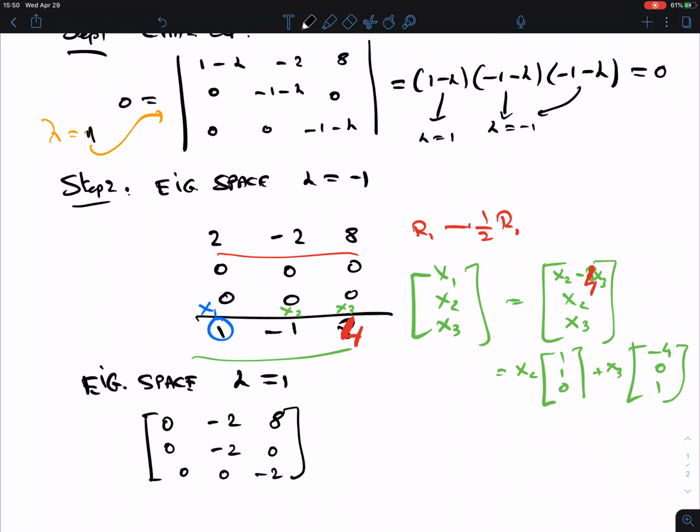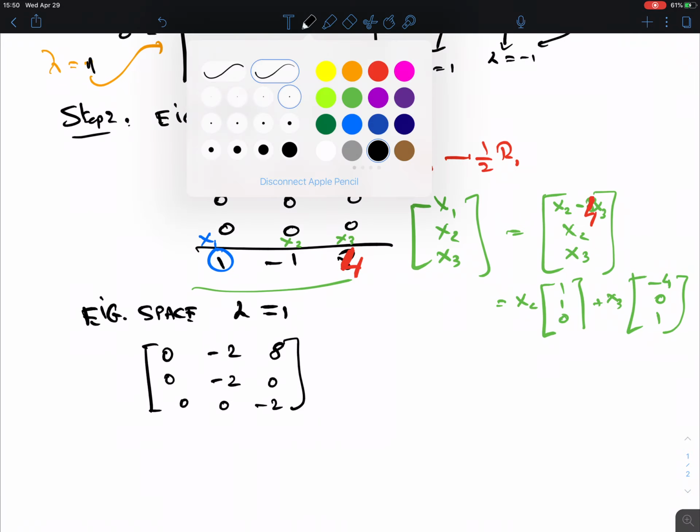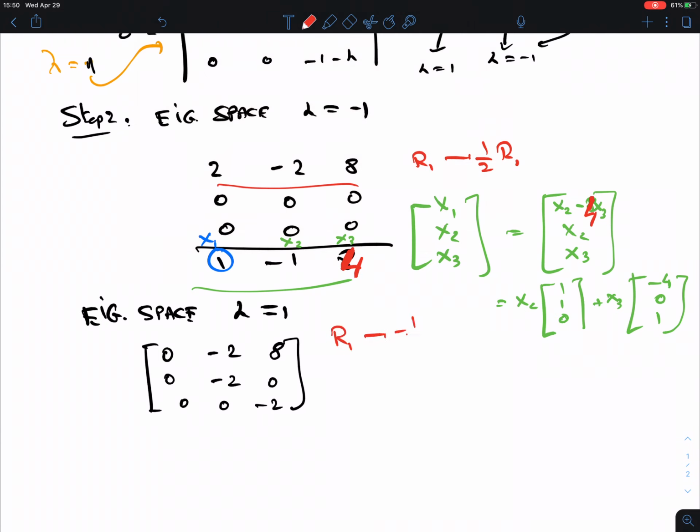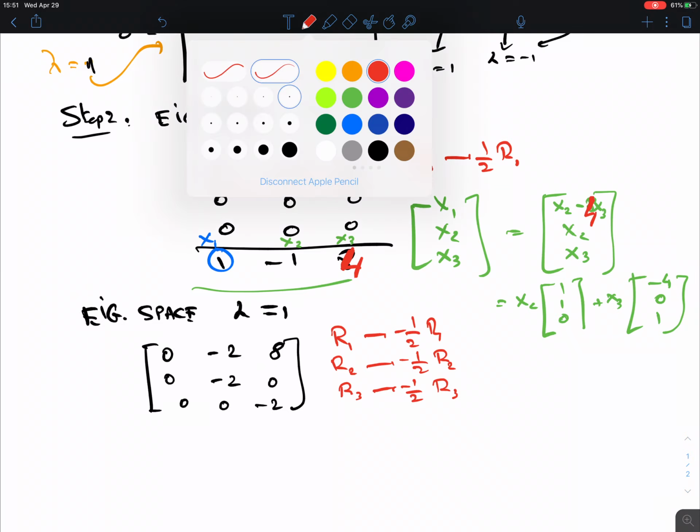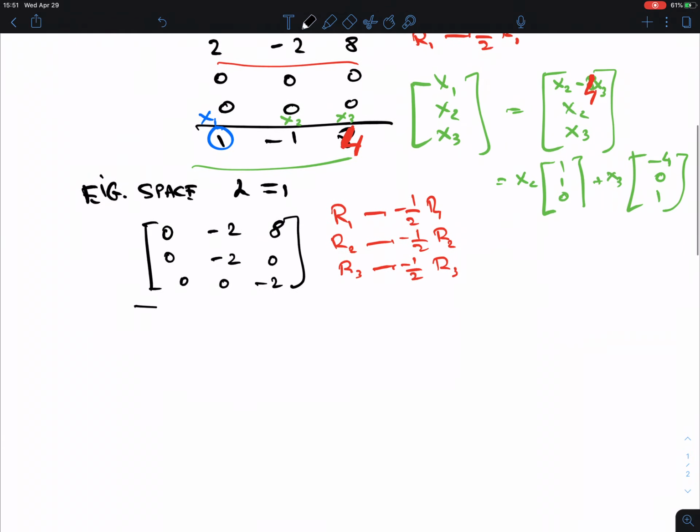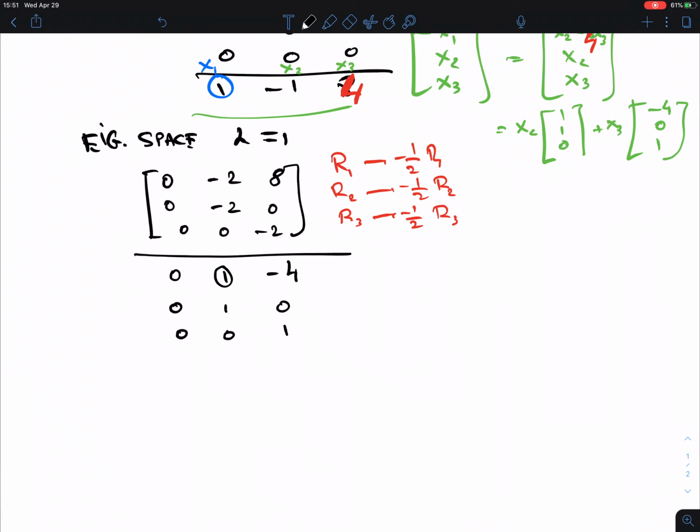Let's get as many ones as we can by multiplying row 1 by negative a half, row 2 the same, and row 3 the same. I get 0, 1, negative 4; 0, 1, 0; 0, 0, 1. Great, so we have this pivot, and we need to make a 0 below it, so we do row 2 minus row 1.